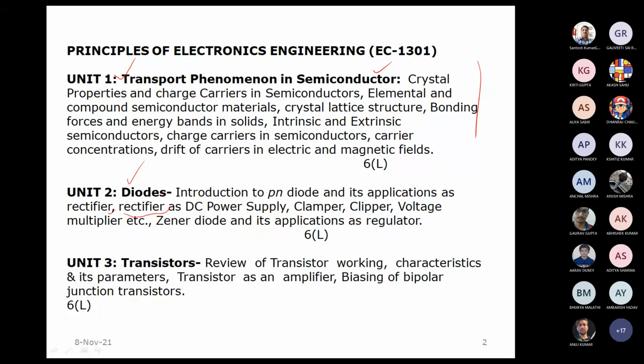There are numerous applications of diodes, but we will be able to see only a few here. Then how we can use diodes as a power supply. Then there are clampers, clippers, then voltage multipliers. So a few applications we will look at.